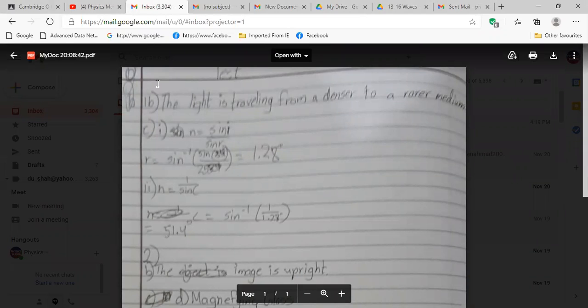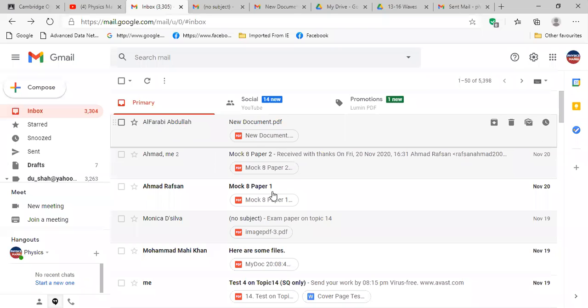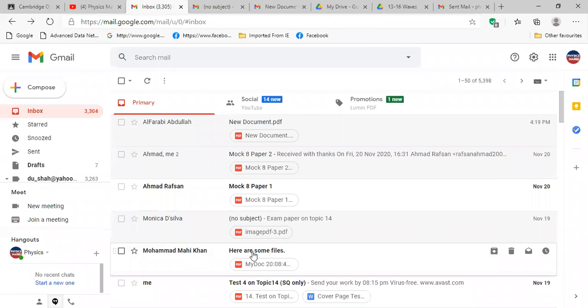Yes, sir. And when you are giving the script, look, in your script you wrote here are some files. You write test on topic 14 structured part, right?